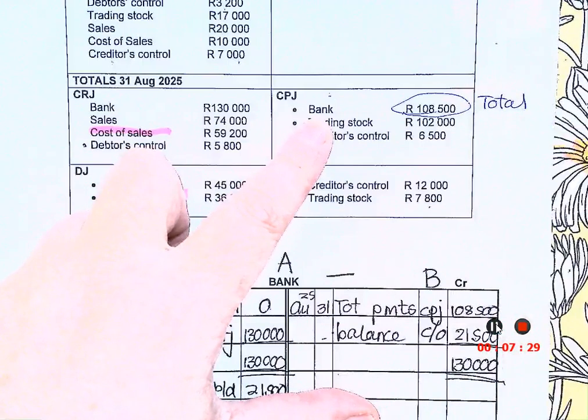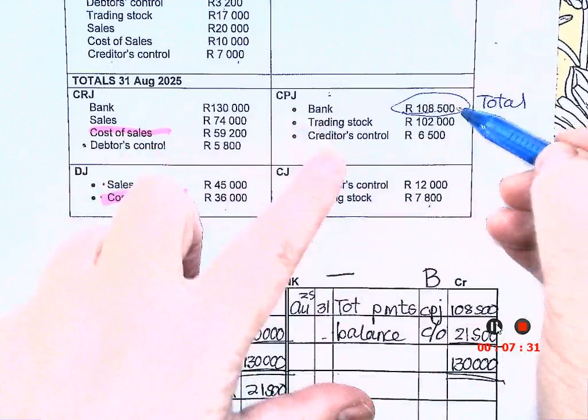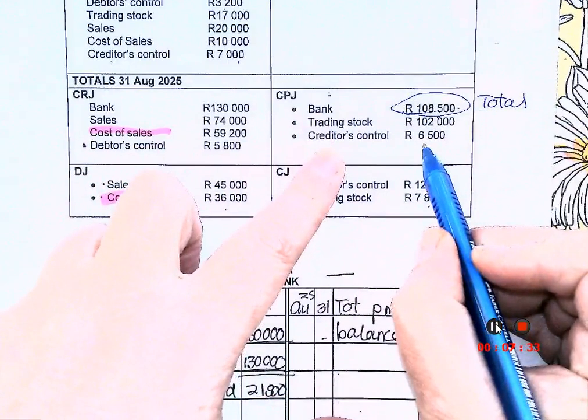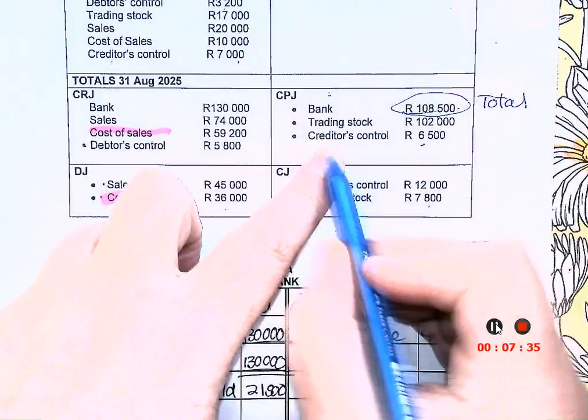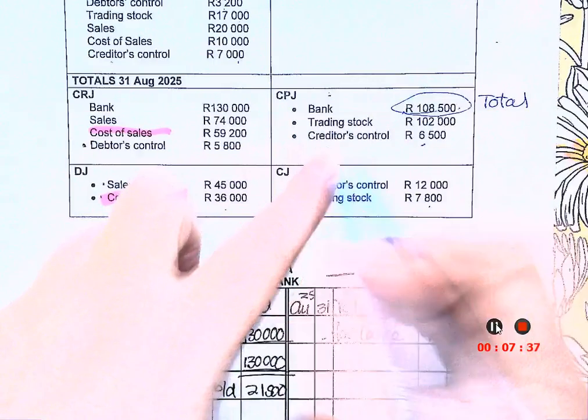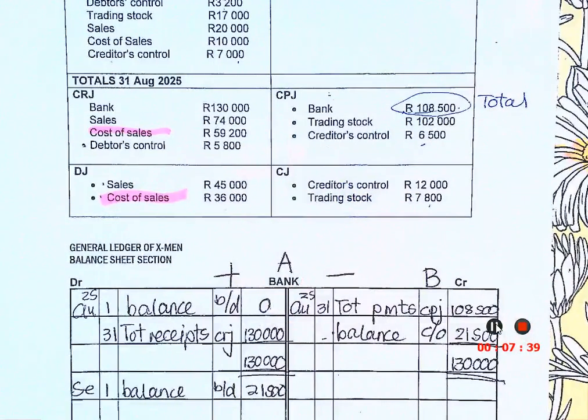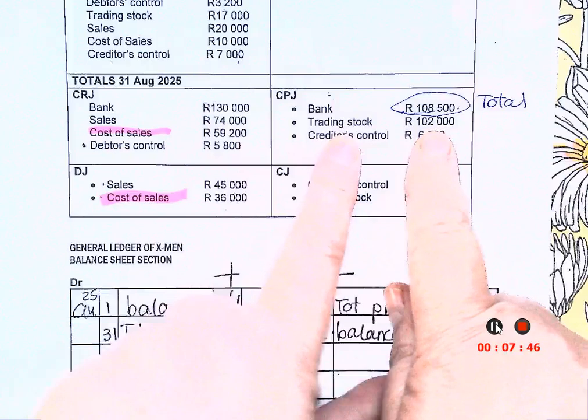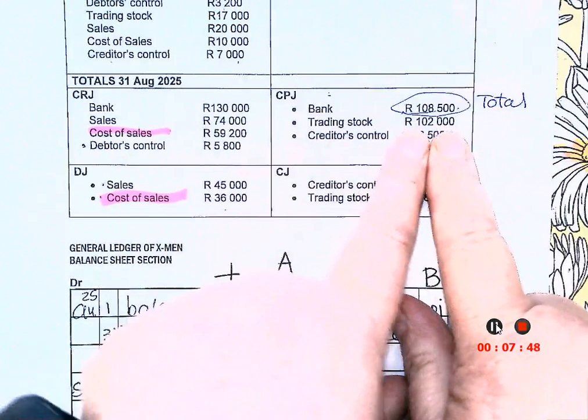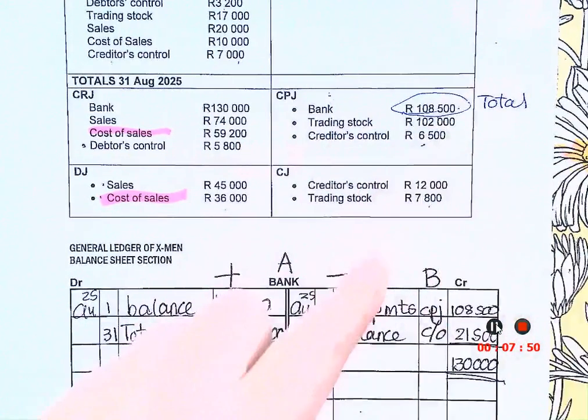But from that total, only 6,500 was for paying debt, meaning the rest went for other stuff. That's why when you do the trading stock, you will only use the trading stock amount, because that is what we spent. So if you add these two together, it gives you the total.